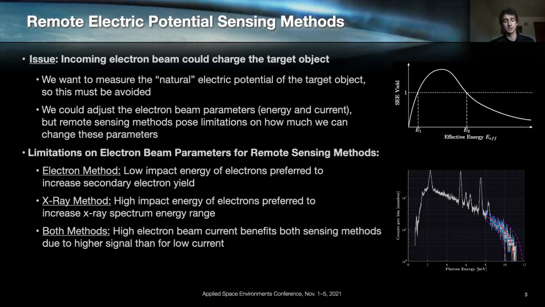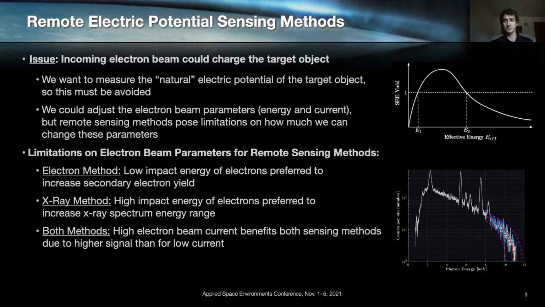So we would basically like to choose our own beam parameters and find a way of estimating the potential without changing the potential. Some of the limitations on the electron beam parameters are that the electron method generally prefers a low beam energy because that will result in a lower impact energy, which will give us a higher secondary electron yield, and that gives us a better signal.